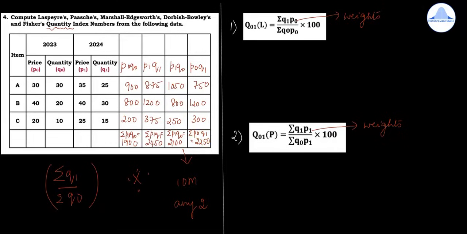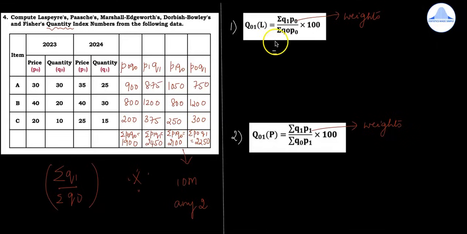So now let us substitute these totals in the formula and get the final answer for Laspeyres' and Paasche's quantity index numbers. So Q01 of L is equal to summation Q1 P0. Just observe it carefully. Though here it is P0 Q1, it's the same. So summation P0 Q1 is the same as summation Q1 P0.